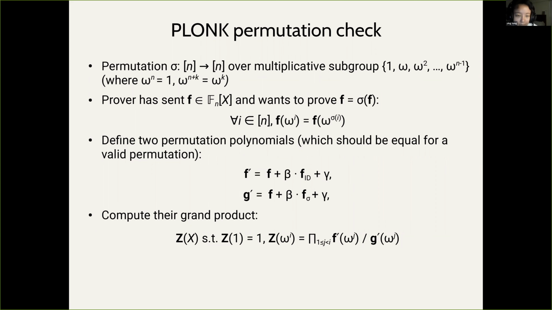And what we do with f prime and g prime is we evaluate them on the powers of omega, and we compute the fraction f prime of omega over g prime of omega over all the powers of omega. And in fact, what we do is we take this fraction and we accumulate the product of it into a grand product Z(x).